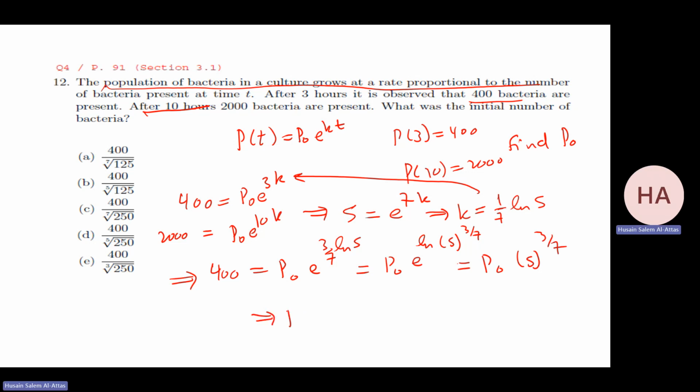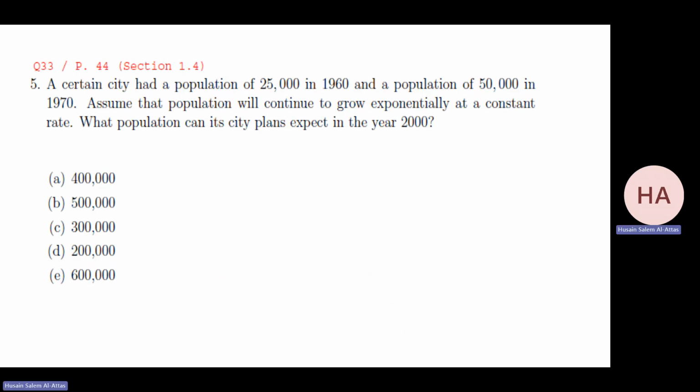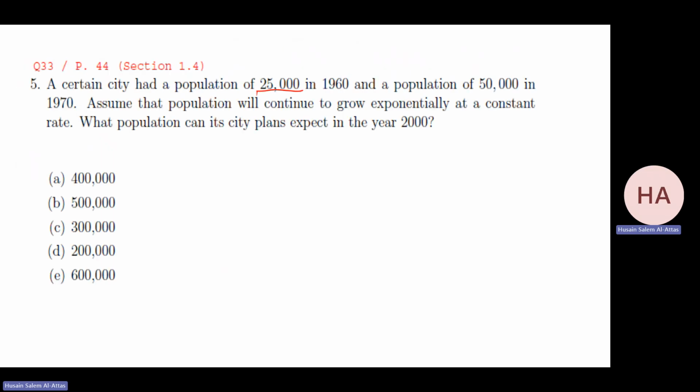So that means P0 is 400 over 5 cubed under the 7th root. 5 cubed is what? 125. Yeah, look, in the old exam they will make the numbers in a way that I don't need the calculator.